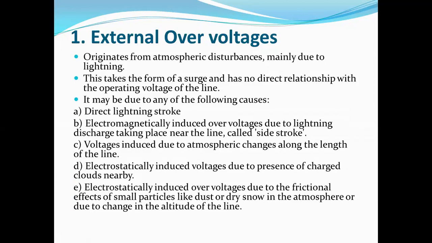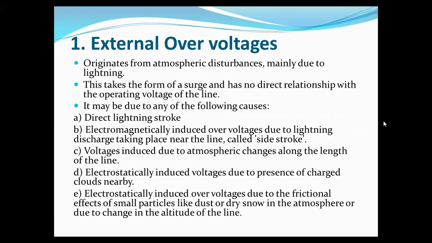Direct lightning stroke means a lightning stroke directly striking any pole of the power system, or it may also strike any line, that is the transmission line of the power system. So this causes an over voltage.